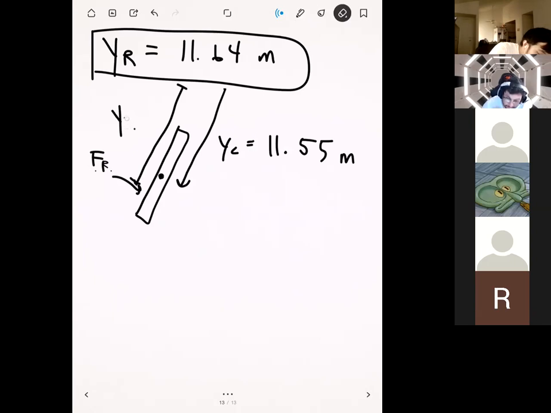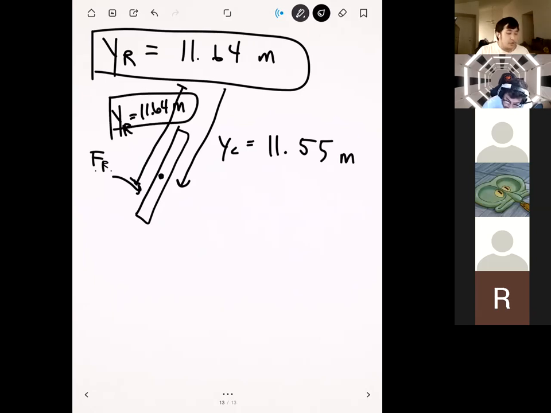And we know that YR is always going to be slightly bigger than YC. And so the location of that resultant force is going to be 11.64 meters. And FR is given by the force that we computed in part A.